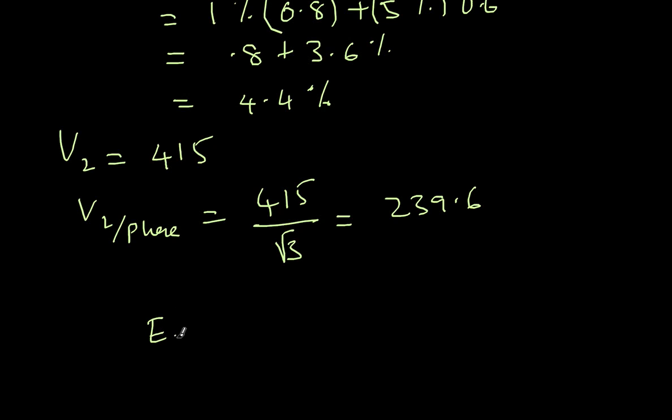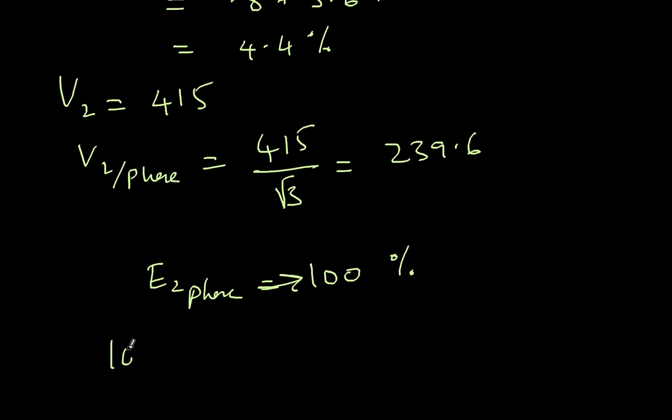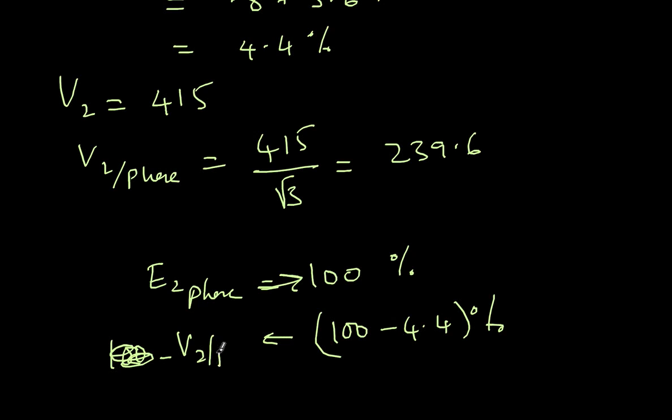So what is E2 phase? That corresponds to 100%. How do I calculate? After dropping 4.4%, the remaining voltage is this one. So 100 minus 4.4 corresponds to your V2 per phase.